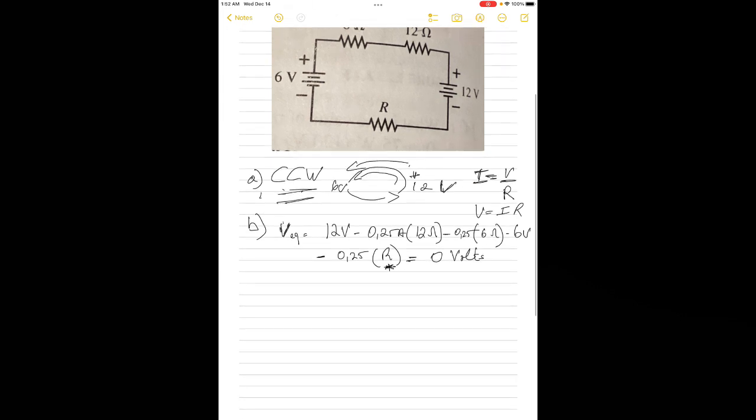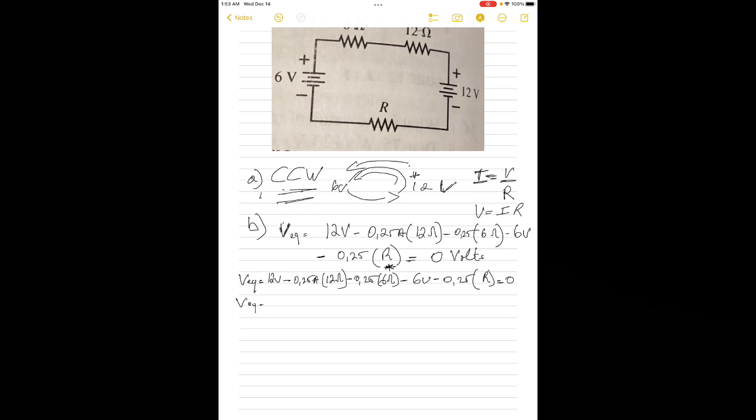Okay? So I'm just going to write it down for a better view. The voltage equivalence is going to equal 12 volt minus 0.25 amp multiplied by 12 ohms, minus 0.25 multiplied by 6 ohms, minus 6 volt, minus 0.25 multiplied by the unknown resistance, and everything is supposed to equal 0.